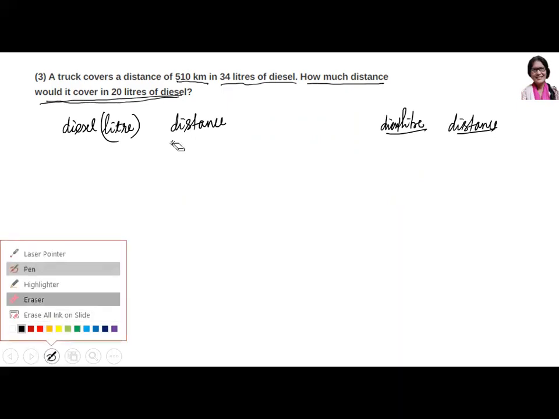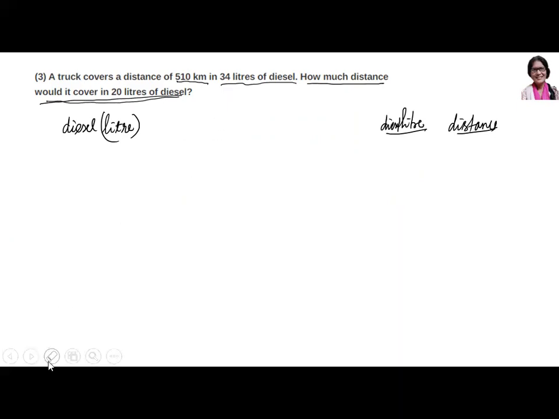Let us write one variable, other variable. So this will be your distance. Now diesel is given as 34 and distance is 510. Diesel is 20. We don't know how much distance is covered. So let the distance be x.